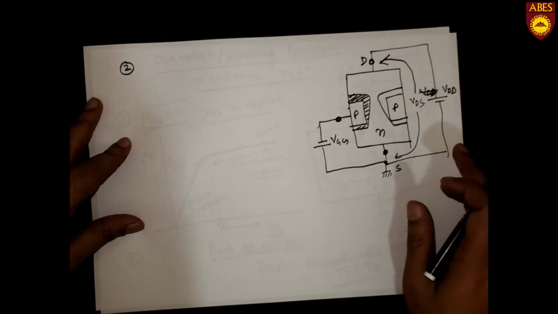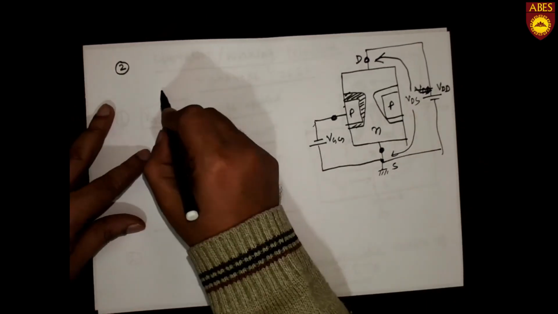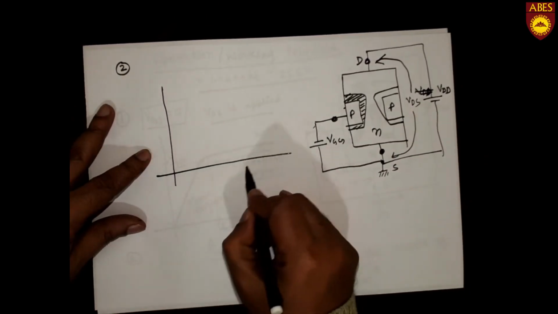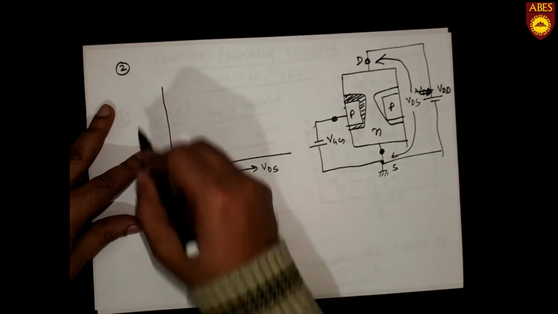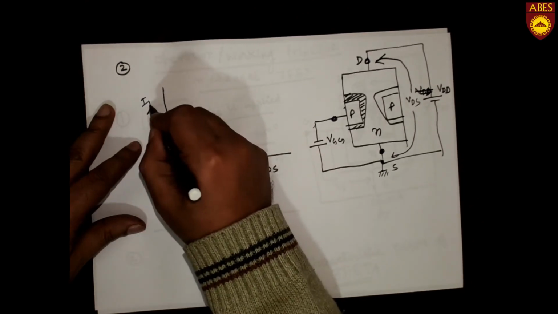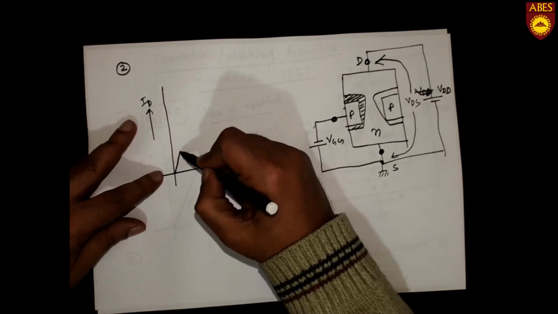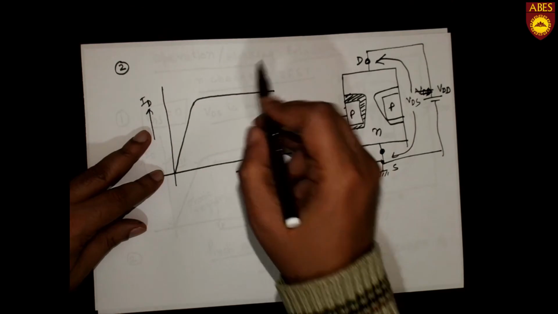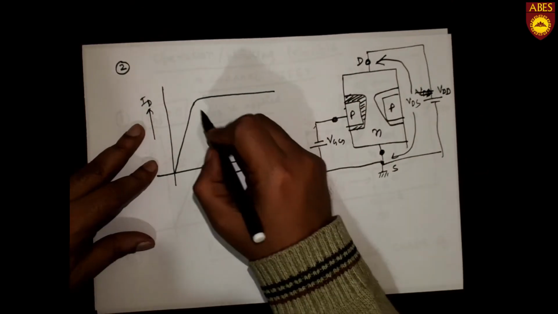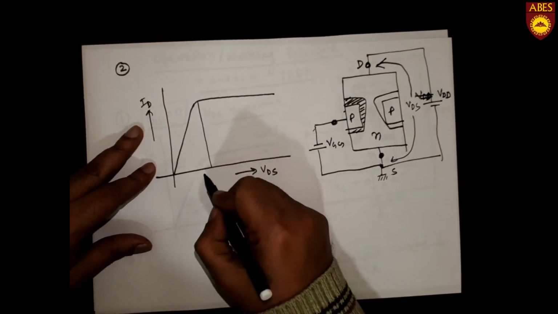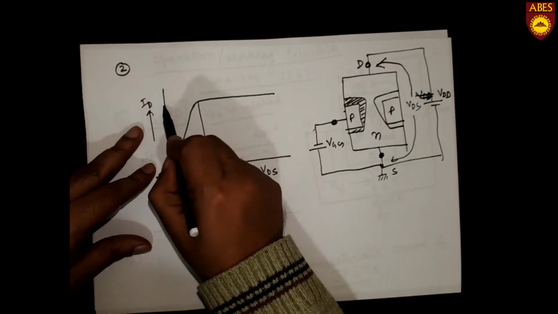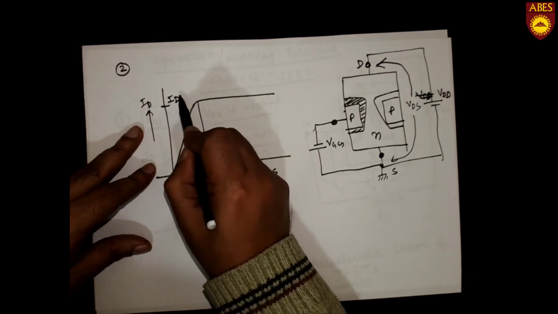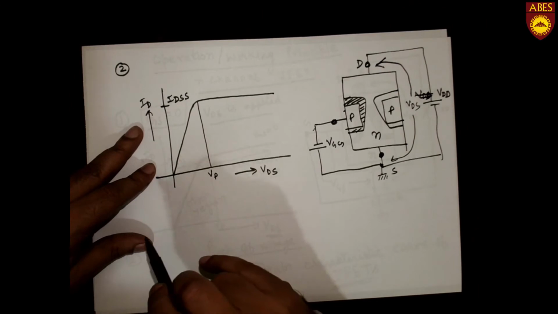In the previous condition we have seen that on increasing VDS, ID increases, and when VGG is 0, at a certain value of voltage it becomes constant, which is called the pinch off voltage, and this is called the drain source saturated current.